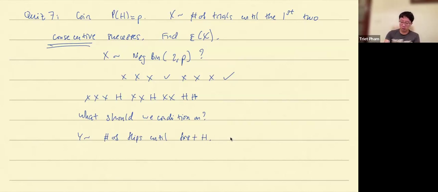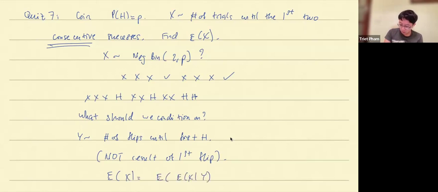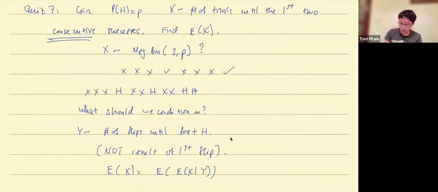Notice, if you condition on the result of the first flip, it won't help here at all. The result of the first flip is irrelevant in this question. I mean, you can still condition on it, and it will still be true. Whether you let Y be the result of the first flip, like the previous question, or the number of flips until the first head, the formula works.